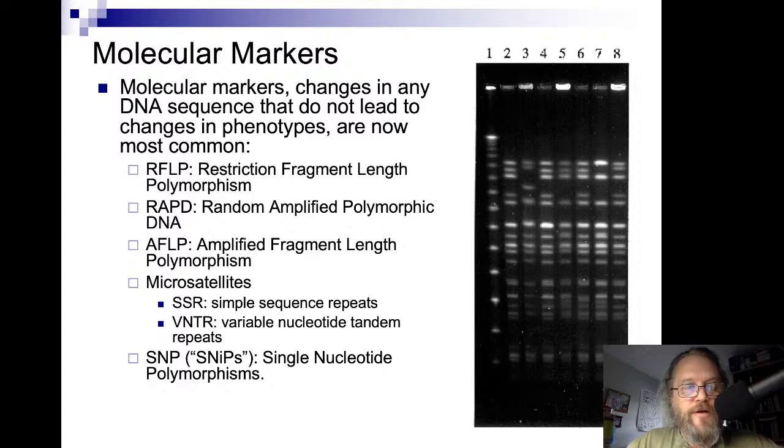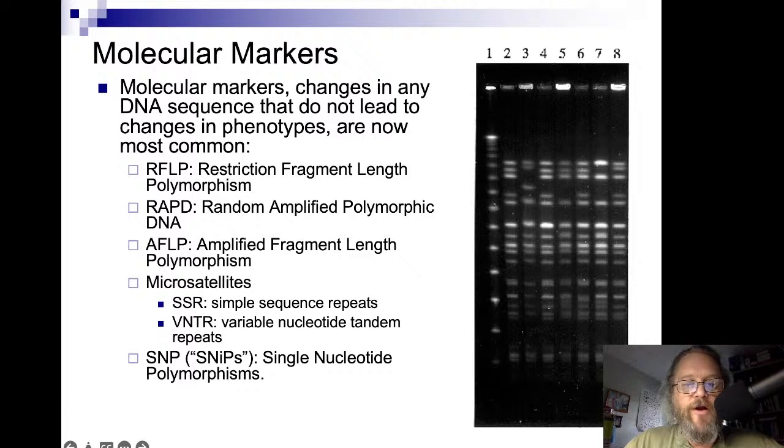One of my favorite markers is the idea of what's called the random amplified polymorphic DNA, or RAPD. What you do is you create random sequences as primers, 10 base pairs long. And it's like, well, what's the use in that? Well, we expect those random sequences to be present in genomes.